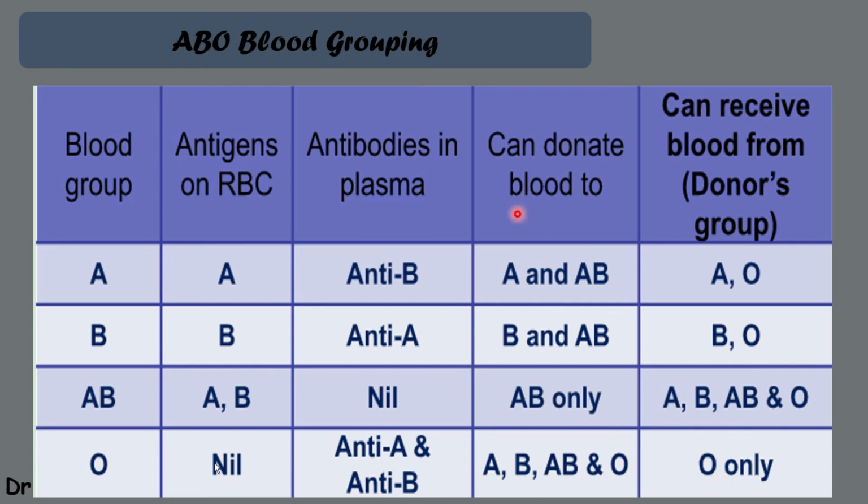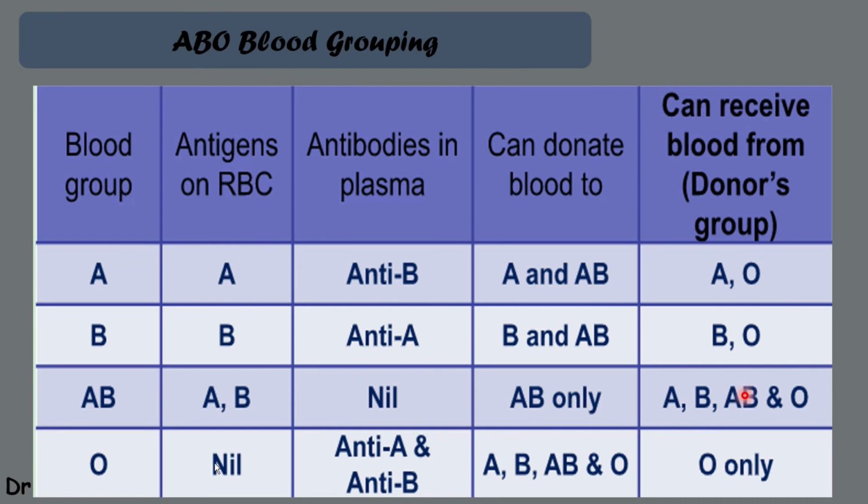So you check all blood groups: A has an antigen, B has an antigen, AB has both antigens. So none of these bloods can be given to O blood group, otherwise complications are there. So O blood group can receive blood from only O blood group. And you see from the table that O blood group can be donated to all. So O is considered a universal donor.